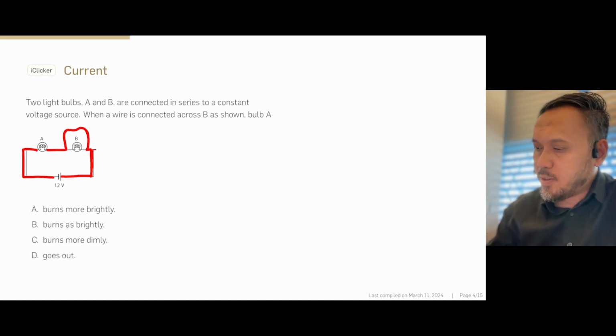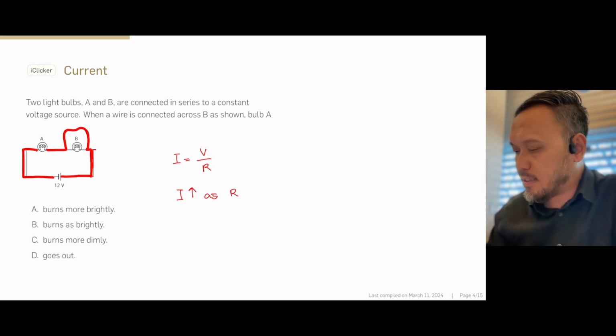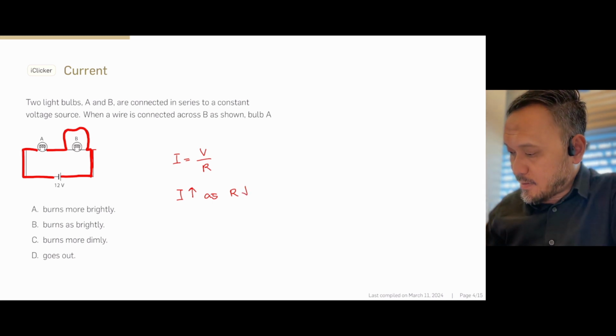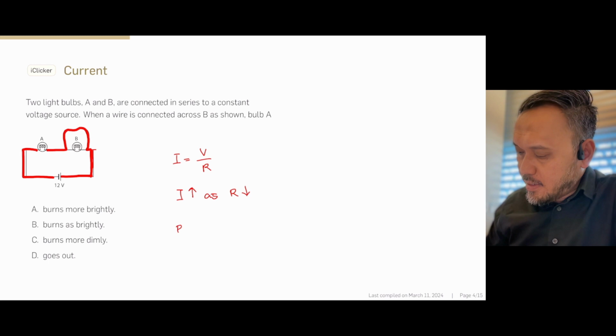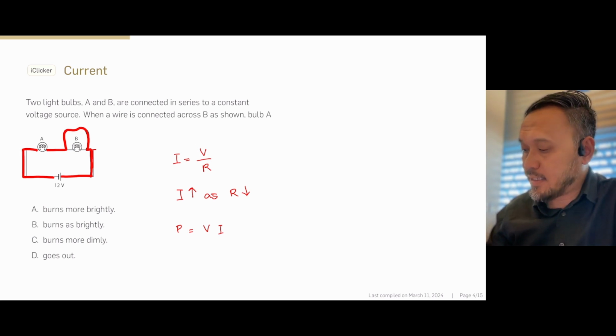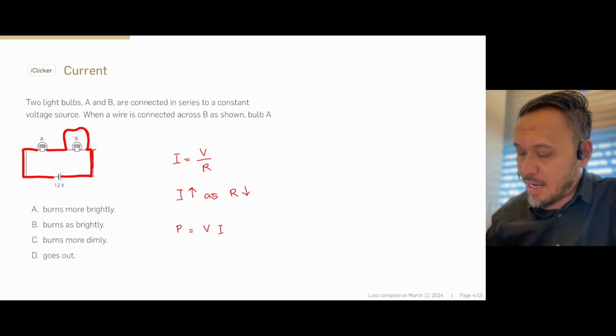So we know that I is equal to V divided by R. So I increases as the resistance decreases, right? And then P, the power, is equal to V times I. V, the voltage, is independent of the resistors, and I, after we add the jumper wire, increases.